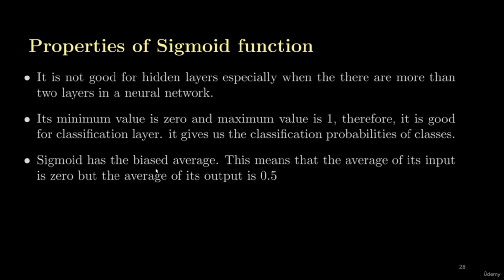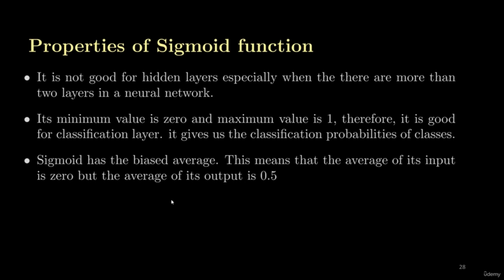The third property is the sigmoid has a biased average. This means the average of its input is 0, but the average of its output is 0.5. Now, if I pass two values to this sigmoid function, one value is minus 10 and the other is plus 10. The average of minus 10 and plus 10 is equal to 0. It means the average value of the input to the sigmoid function is 0.